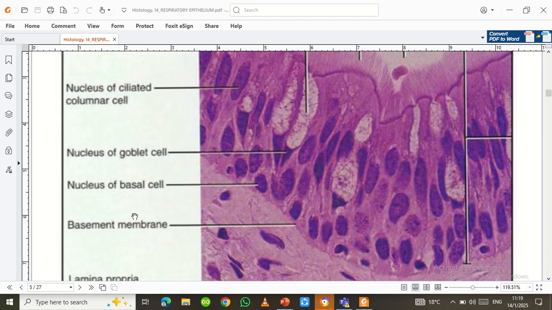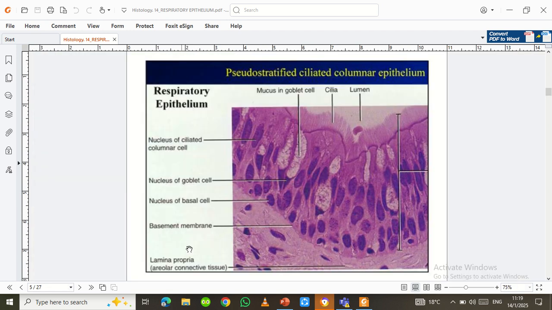This is just a histological view of your respiratory epithelia. You can appreciate cilia here, right? That will be the apical specialization of your columnar cells, and then you can actually see the nuclei, representing the pseudostratified epithelia.